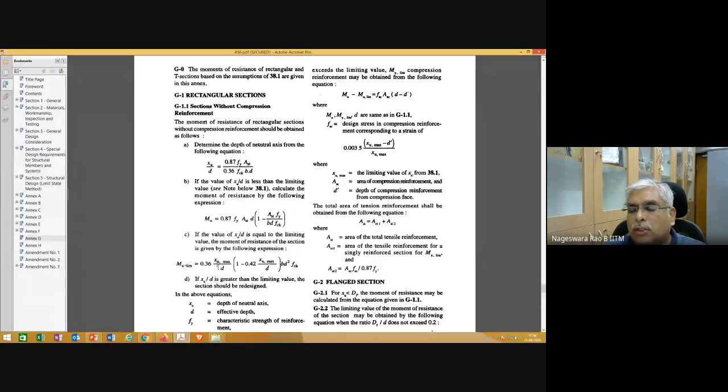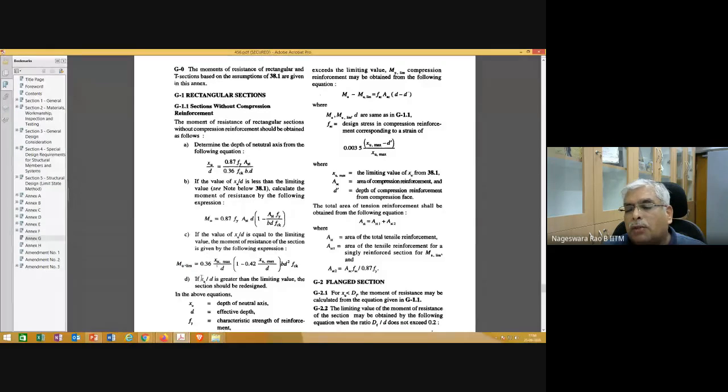So substitute XU equal to XU max and then rearrange that equation slightly, and you are going to get this form. Once again, we'll see this in detail in today's class, how this form is obtained. So for a balanced section with respect to concrete, what is the moment of resistance or moment carrying capacity of that section?